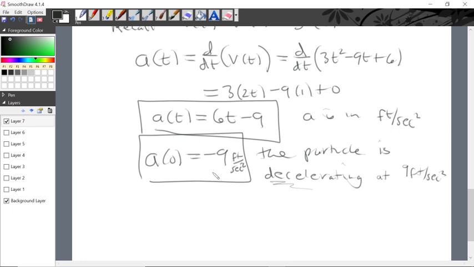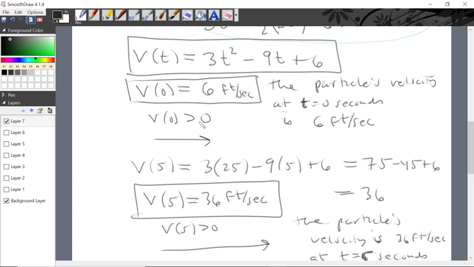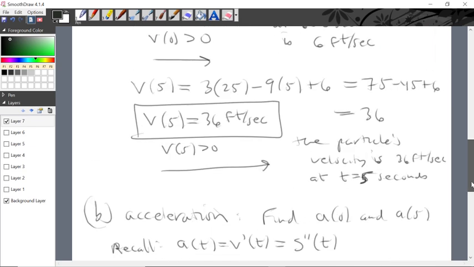So now again, earlier I asked, do we think this object, which was going 6 feet per second at time 0, was later going faster at 5? Was it accelerating the entire time? Was it going faster and faster from 6 to 36 just by looking at those two values alone? That doesn't tell the whole story. In fact, while it was moving at 6 feet per second to the right, it wasn't starting to go faster.